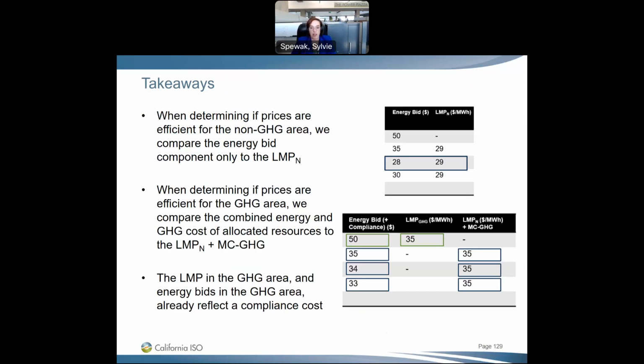So we did this in the last example where 3 resources submitted energy plus GHG compliance, and all of those received an export allocation, and we compared all of them to LMPN plus the marginal cost of GHG. Finally, the LMP in the GHG area and energy bids in the GHG area already reflect a compliance cost, so we didn't have to do any math. That already worked out when we considered those price signals.